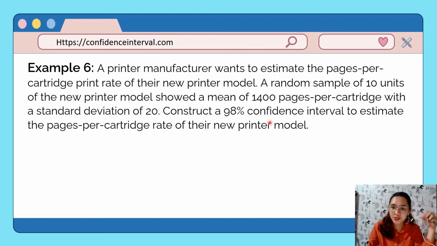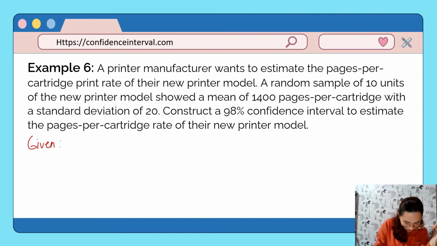Construct a 98% confidence interval to estimate the pages per cartridge rate of their new printer model. So our goal is to construct a 98% confidence interval estimate. So unang step, identify natin kung ano ba yung mga available data in this problem. So, let's write the given.